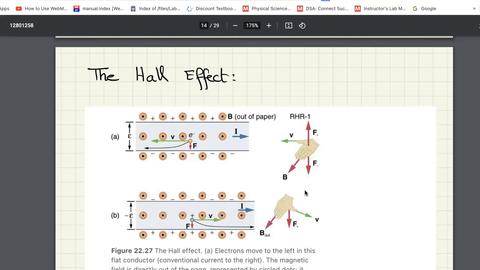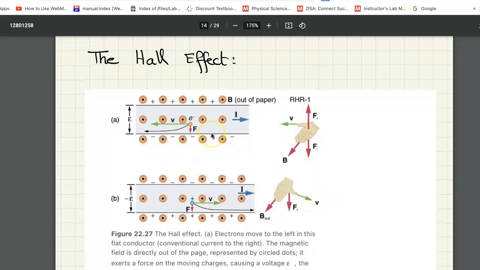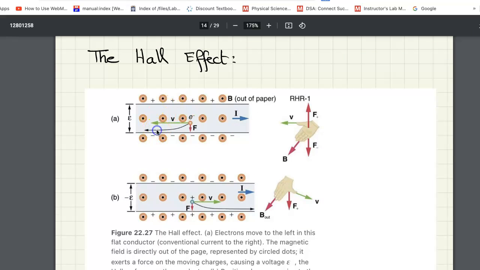Now, the next topic is an application of magnetism and the magnetic force, and it is called the Hall effect. What you can see here in the picture is a conductor that is exposed to a magnetic field, and the magnetic field is out of the paper.